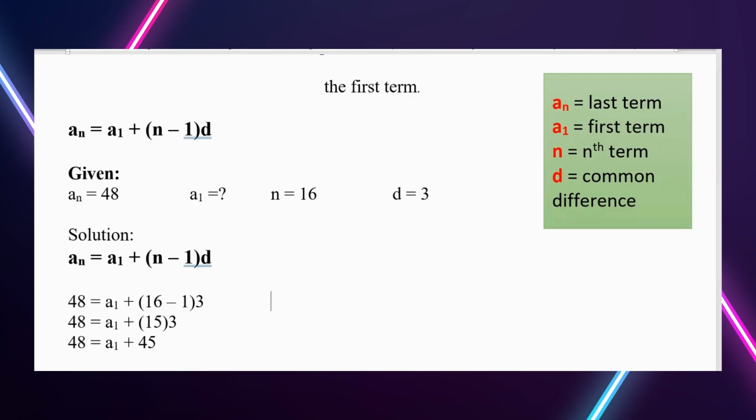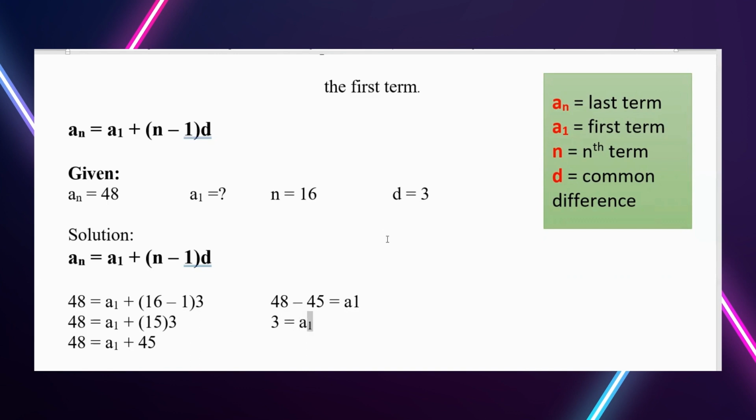So we have 48 minus 45, from positive 45 became negative 45, is equal to a sub 1. So therefore, 48 minus 45 is positive 3, is equal to a sub 1.